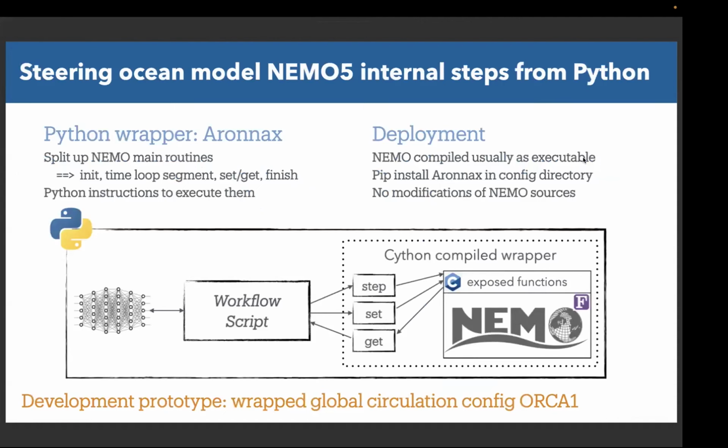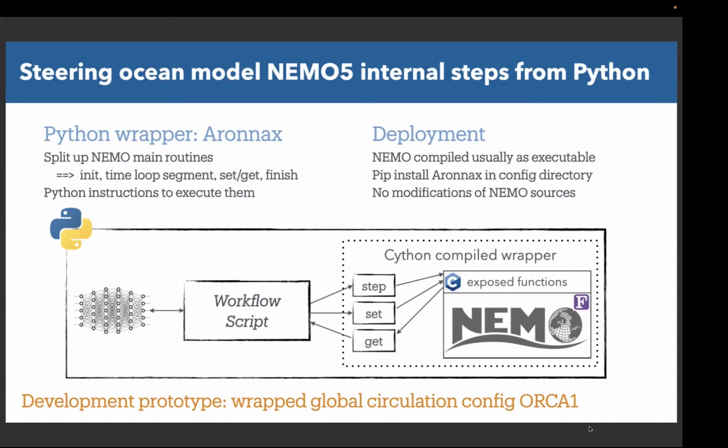The starting point of this work is the ocean model NEMO, which is written in Fortran. This is a choice made because Fortran is optimized for high performance computing, which is necessary for this kind of operation and modeling.